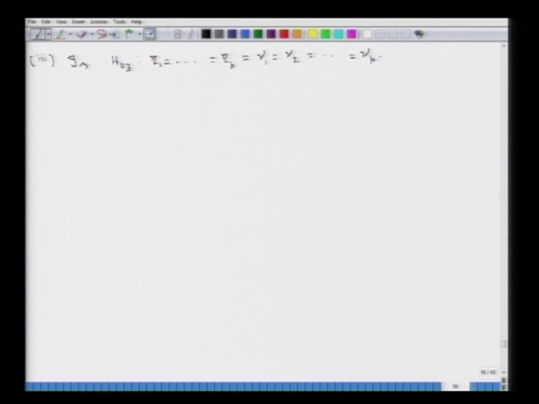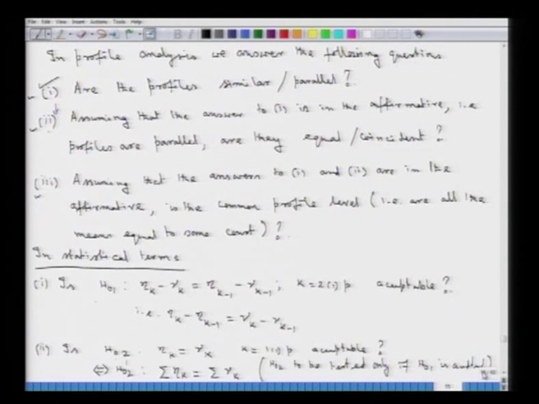So, this is whether this hypothesis is acceptable or not. Sequentially, these are the 3 types of hypotheses. First we answer whether H naught 1 is acceptable. Next we answer whether H naught 2 is acceptable, and H naught 2 is to be tested only if H naught 1 is accepted.